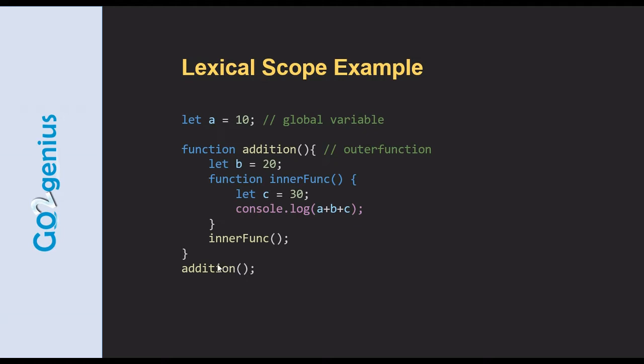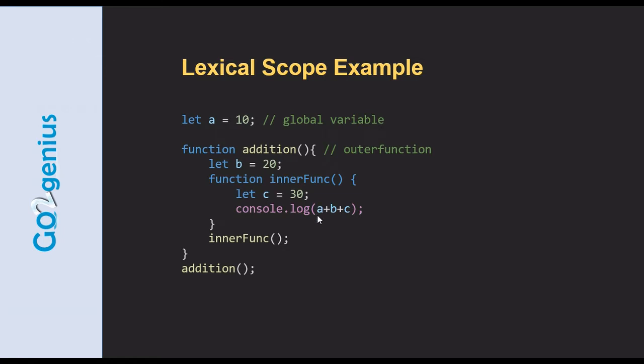When I execute this function, it parses each and every line of code. So it will execute this inner function, which will try to print the sum of a plus b plus c. But this inner function has only the local variable c.